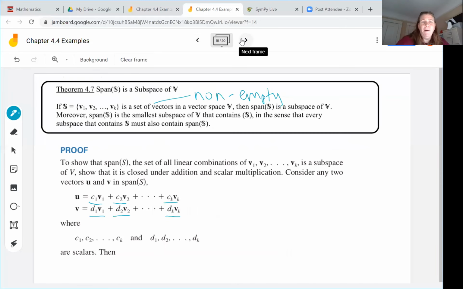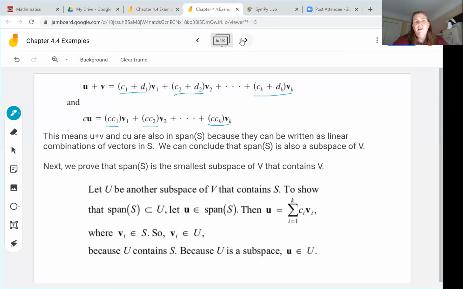Now we want to show this second part, that span S is the smallest subspace of V that contains S. So suppose U is another subspace of V that also contains S. Then to show that span of S is in U, let little u be a vector in span S. Then we can write u as a sum of the scalars c1 through ck times v1 through vk.